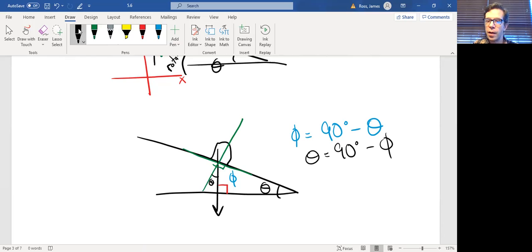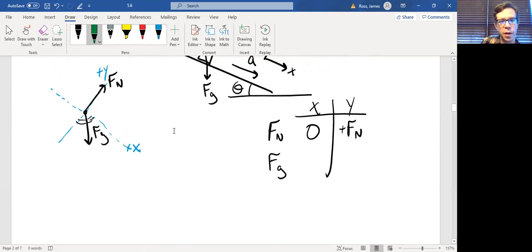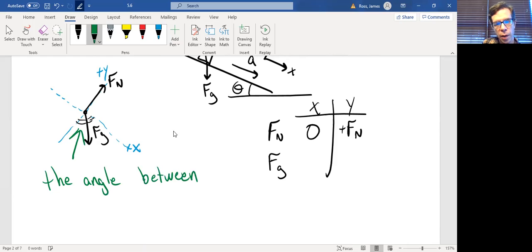So that again shows that the angle between our gravity and our primed coordinate axis is the same as the angle of incline. So we can go up here and say, right here, the angle between gravity and our prime coordinate axis is the angle of incline.